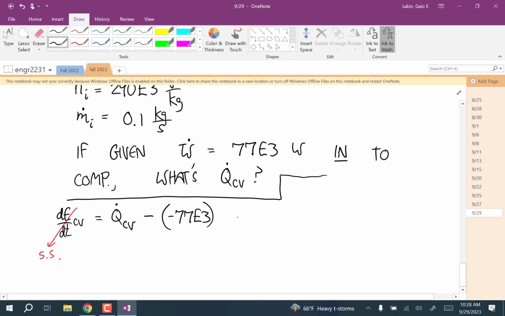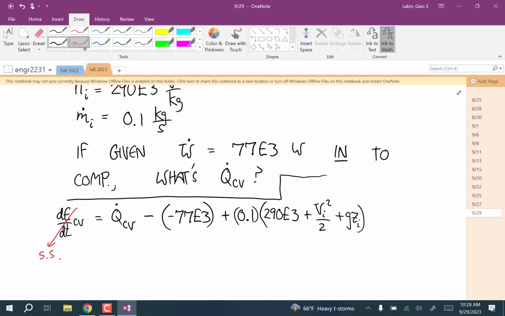And then it's steady state, so there's only one M dot. So we have plus 0.1 times the quantity: enthalpy at the inlet is 290 times 10 to the third. Plus, you have this stuff, but we're neglecting these two contributions, so forget about that and that.